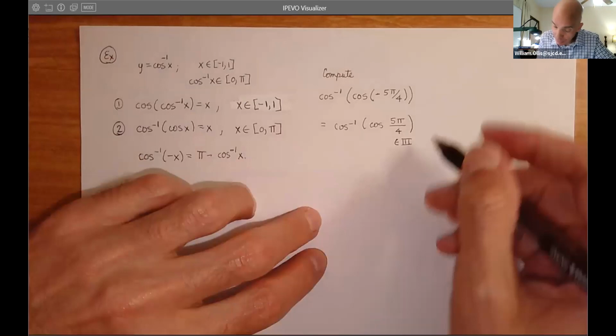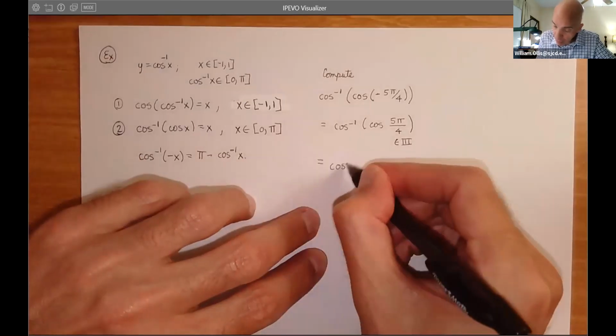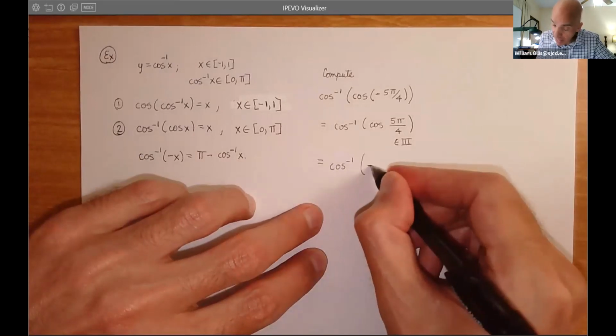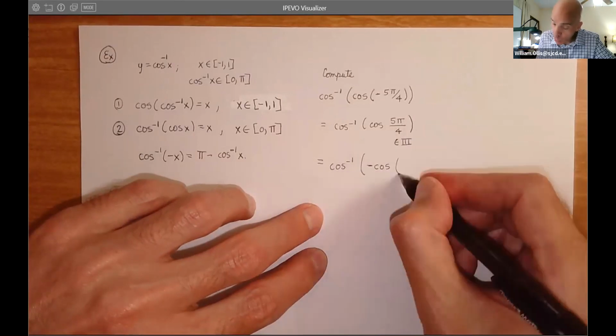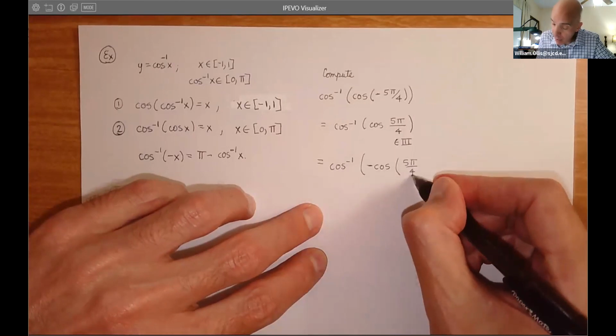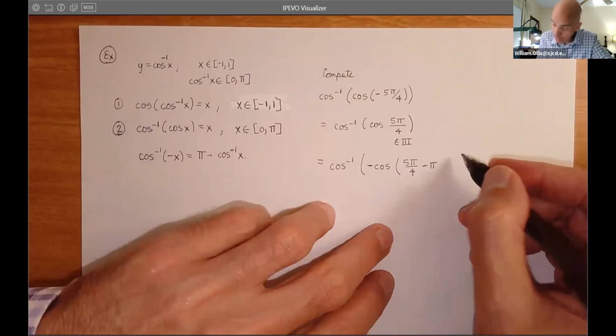So this will be inverse cosine of cosine. We're going to have the negative because we need the negative value. And then we'll do the reference number, which will be 5 pi over 4 minus pi. So when you're in the third quadrant, you subtract pi from the t value.